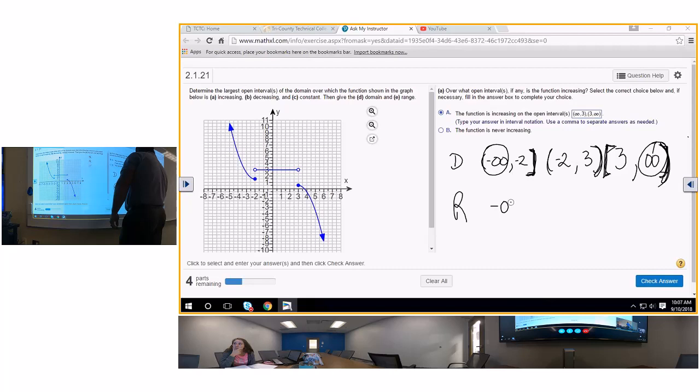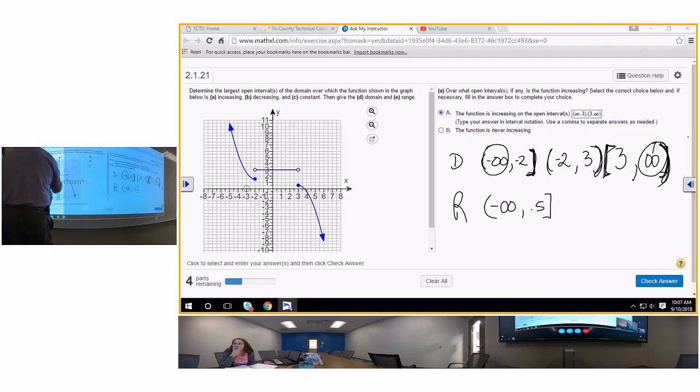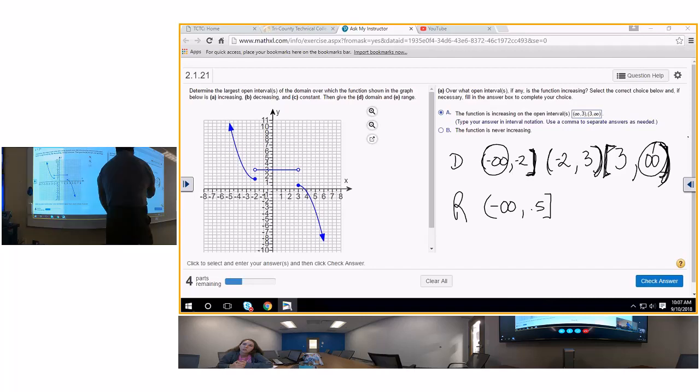Negative infinity to 0.5. Is that negative 0.5? That's positive. Did I get a bracket? Yes. All right, then where does it take off? From 3 to what? Infinity.